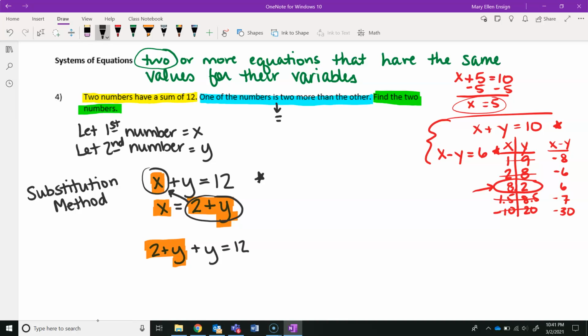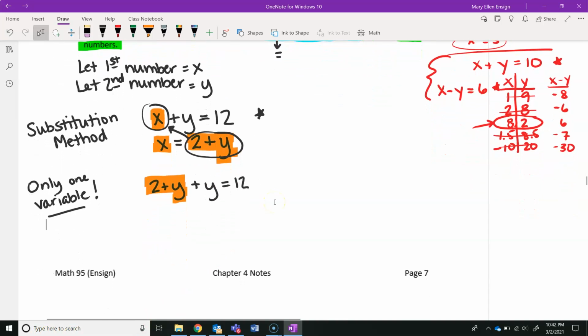Okay, now, what is the advantage of this equation that I see here? Well, the advantage is that now I only have one variable. Before I had two variables, I couldn't solve that with one equation. Well, now I'm down to one variable because I took out the x and I substituted in something with y. So now I can solve for y here.